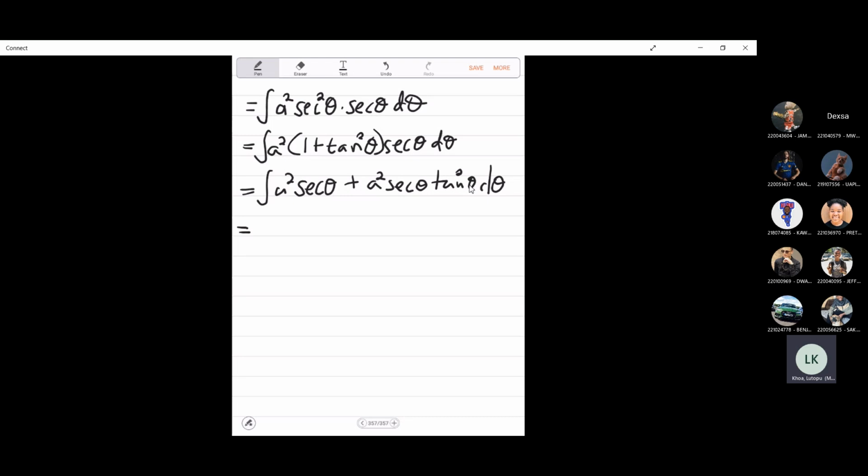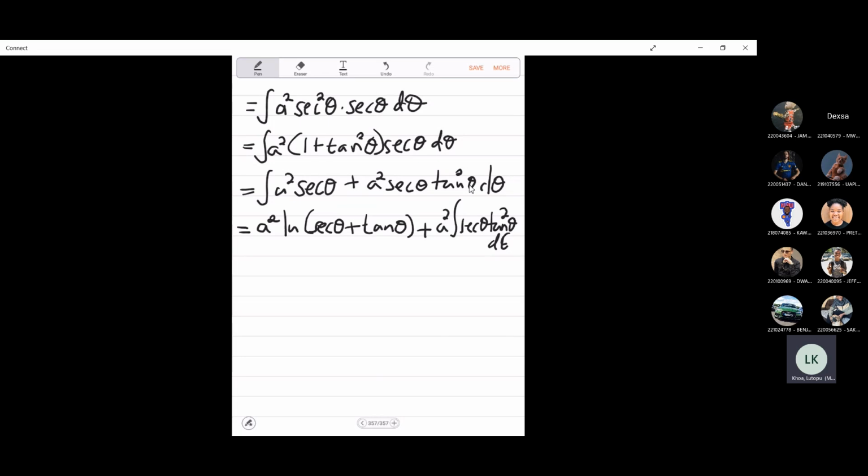So this is a squared ln sec theta plus tan theta, and then plus a squared, we have sec theta tan theta, tan squared theta, d theta.